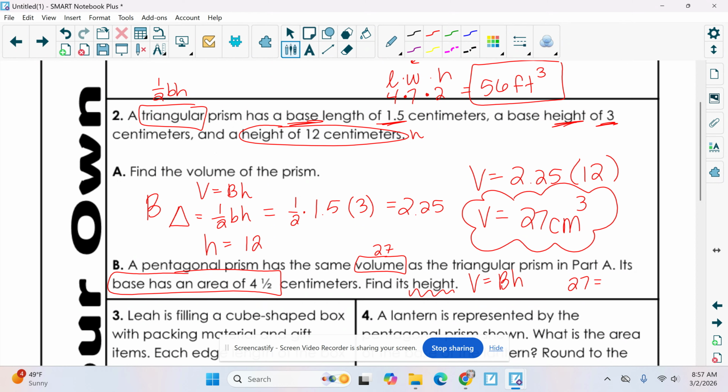Find its height. So we need to solve, right? And if we solve, we need to pivot. So part the waters, isolate, do the inverse, and then balance. And what does your height end up being? 6.